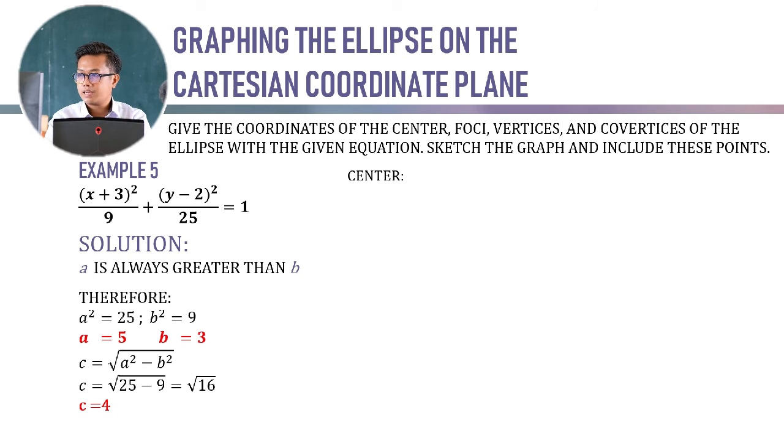Now, let us try to find out the value or the coordinate for your center. Now, for your center, the coordinate will be negative 3 and positive 2. Kay based sa aton nga standard equation, may ara partner ang imong x, kag may partner ang imong y. Now, for the partner sa imong x, may positive 3 siya. Pero ma-negative 3 na siya dito sa imong coordinate kay ang aton nga standard equation kagina naka minus h.